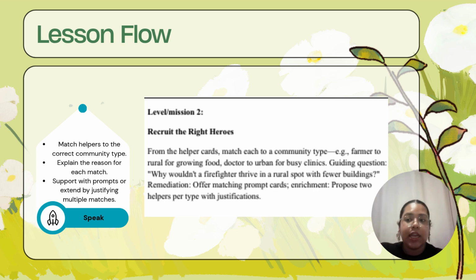For example, they might associate a farmer with a rural area or a doctor with an urban city setting. So students are also encouraged to explain their reasoning on what they chose, which promotes analytical thinking and reinforces the understanding of each helper's role and helps them associate it with what they're doing. So this stage connects knowledge with application, strengthening conceptual learning in this case.